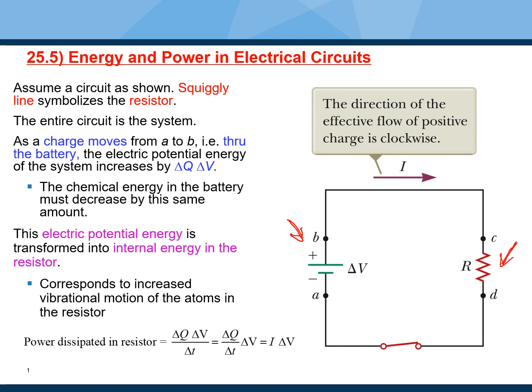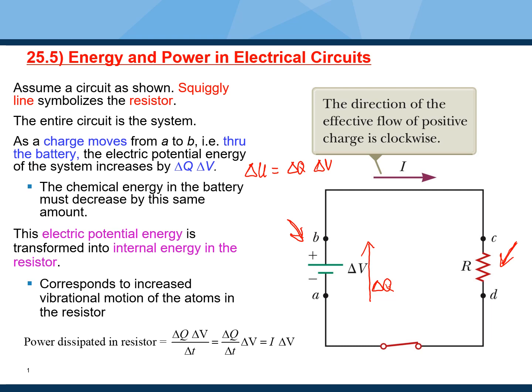Now let's imagine that we have a certain amount of charge flowing through this circuit. So if I have an amount of charge flowing through this voltage rise in the battery, and let's say the amount of charge is delta Q, then the change in energy is given by delta U, and delta U is just equal to delta Q times the voltage delta V of the battery through which this charge is being driven.